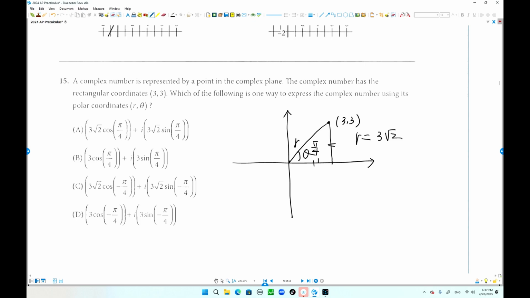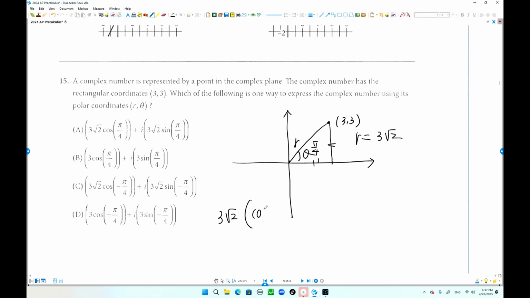So how does this look? This is the x and y. x is what? r cosine pi over 4 plus i sine pi over 4, right? Okay. So this is the correct one. The 3√2, r is this one, okay?